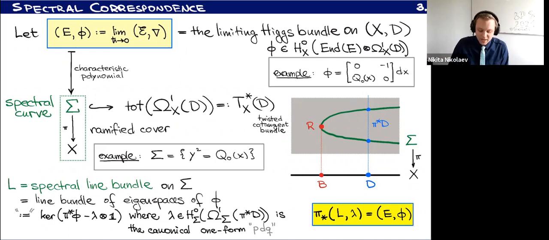So this equality, I mean, it's called the spectral correspondence. But when I phrased it this way, with this lambda being an abelian or rank 1 Higgs field, you can think of this as a kind of abelianization of Higgs bundles. I started with a rank 2, or more generally rank n Higgs bundle, which is a non-abelian thing, and I've somehow expressed it equivalently in terms of some abelian object, but on a covering space.